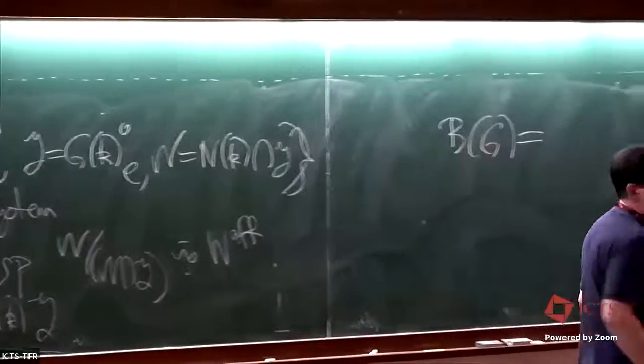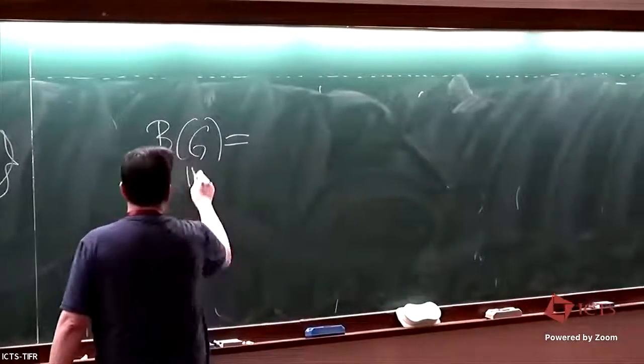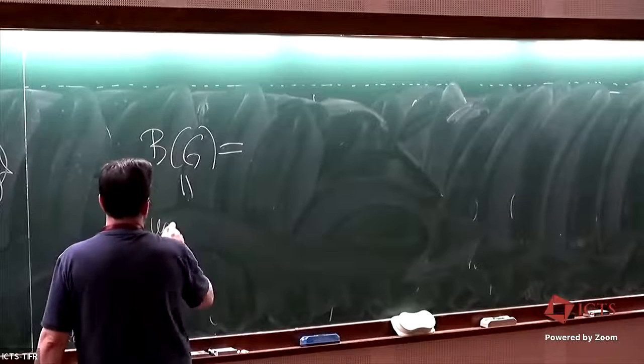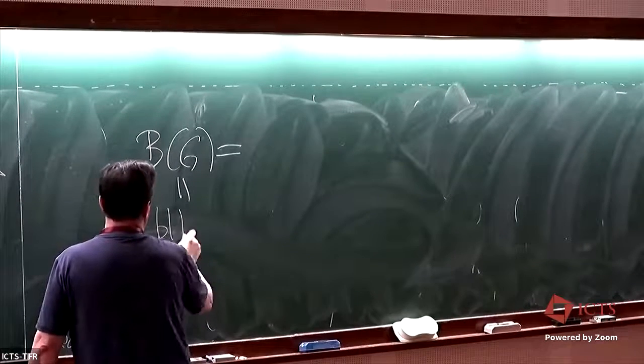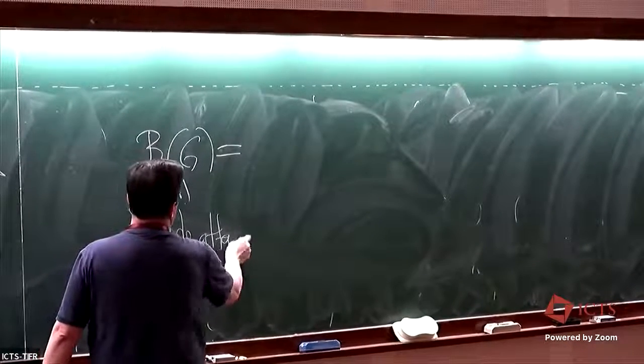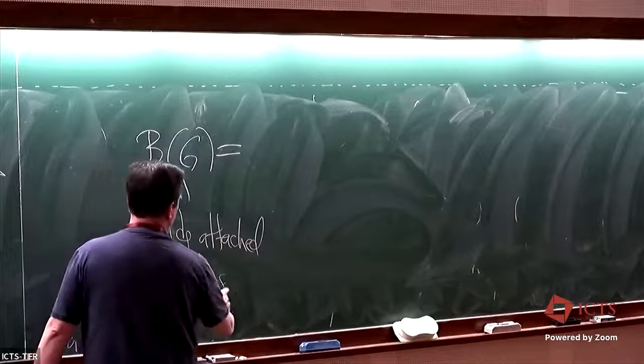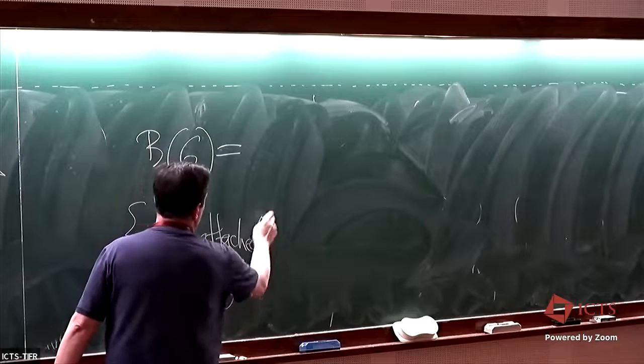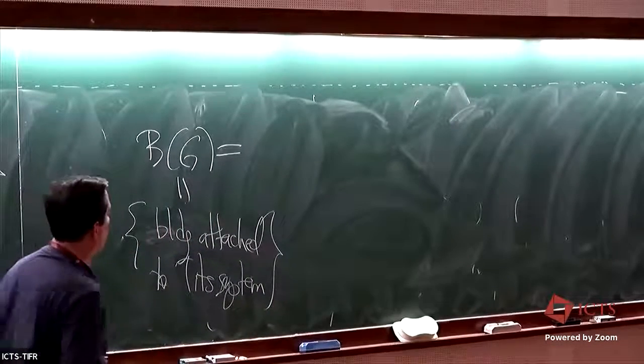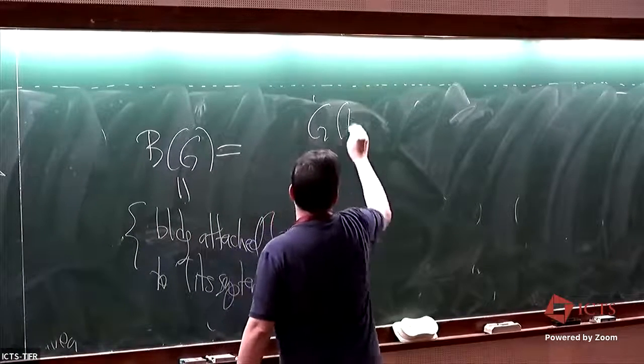So we can define it in two different ways. First of all, we have the definition of the building attached to a Tits system. This is some somewhat abstract group theoretic device. I won't try to describe it, but actually we can just do the following.